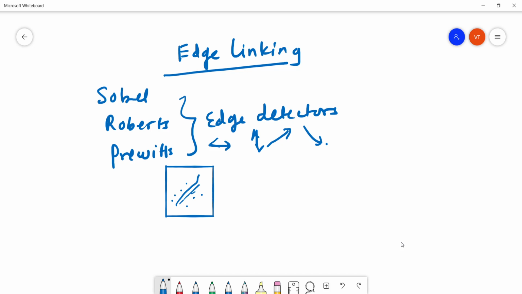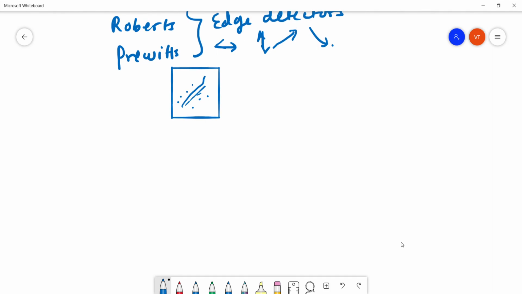Therefore edge detection algorithms are generally followed by edge linking procedures which form edges from edge pixels. It is done by joining the edge pixels. So the general block diagram for this is like this. We are giving the image to a gradient operator. You know what is a gradient operator?